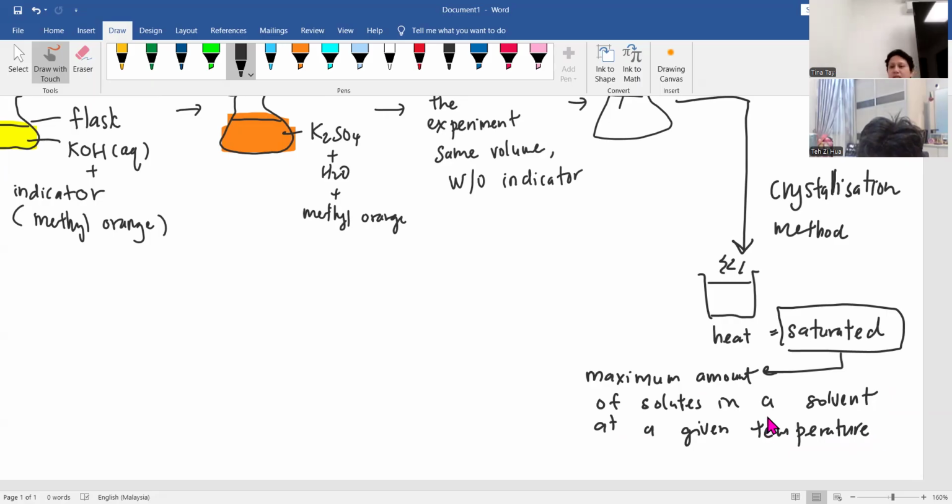Because when you're heating it, less and less water, and you're getting hotter and hotter, the solubility increases. When it's saturated, it means it's the maximum.